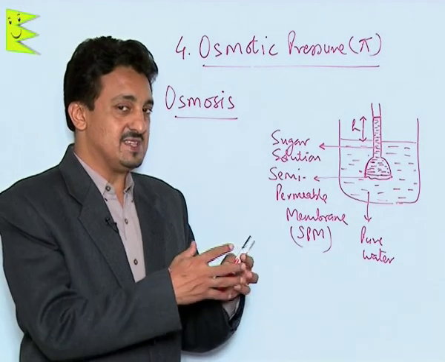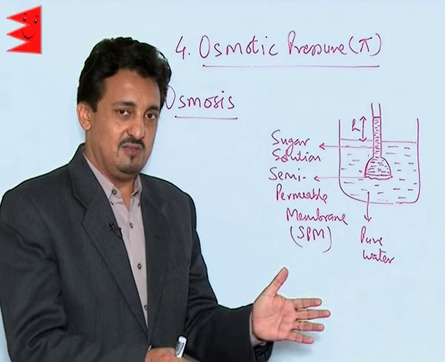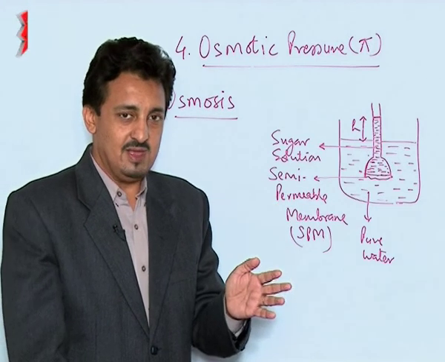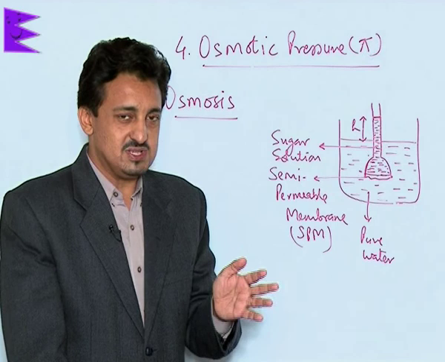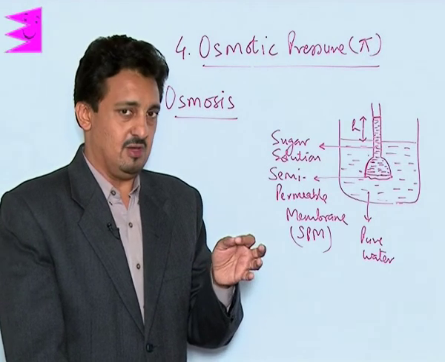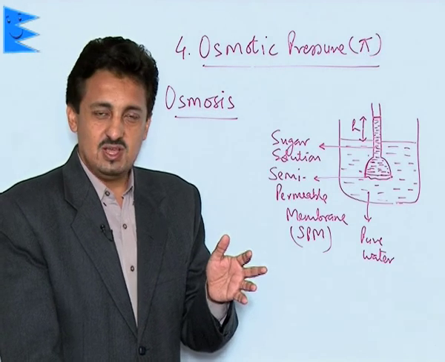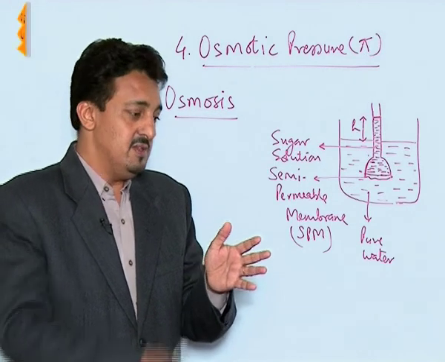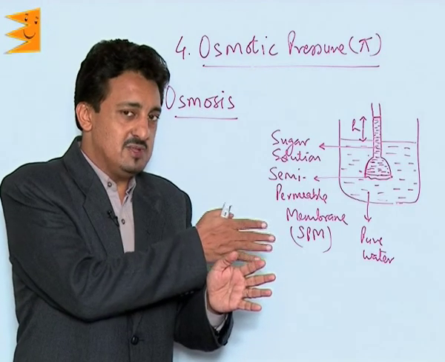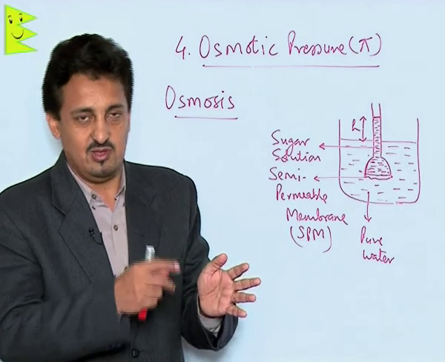What we notice in this case is that whenever a solution is separated from the pure solvent by a semi-permeable membrane, the membrane which is like a normal animal membrane, or plasma membrane, or you can say a normal cellophane sheet like this, the pure solvent starts moving from its region of higher concentration towards the solution side, which has a lower concentration of the solvent.